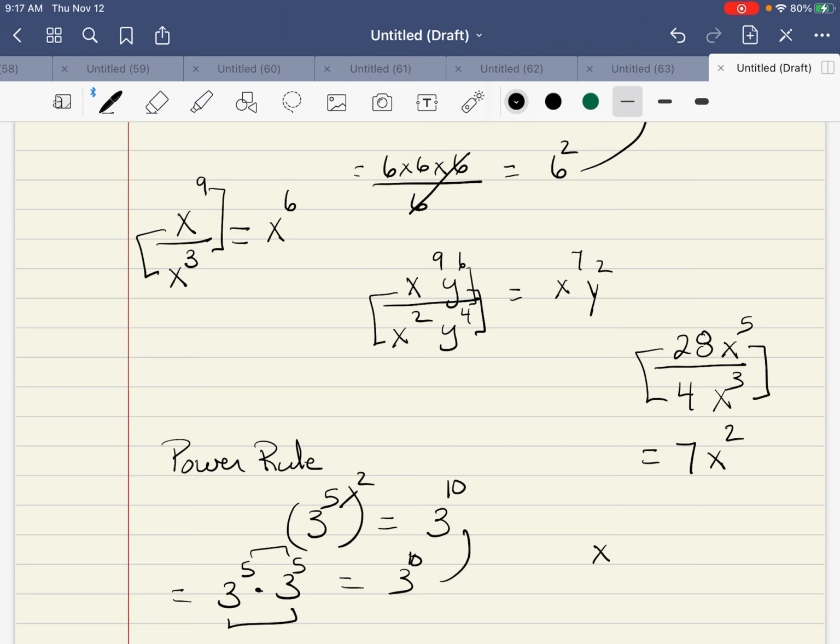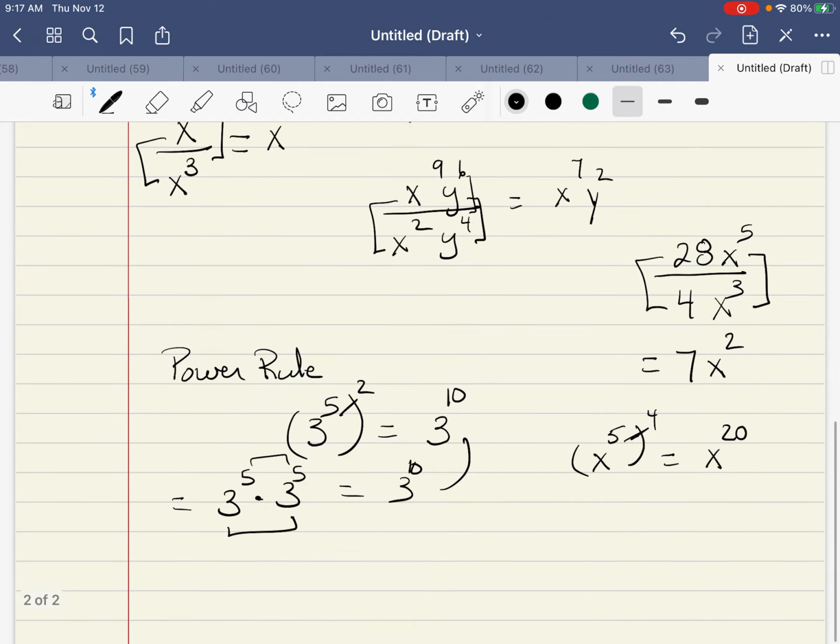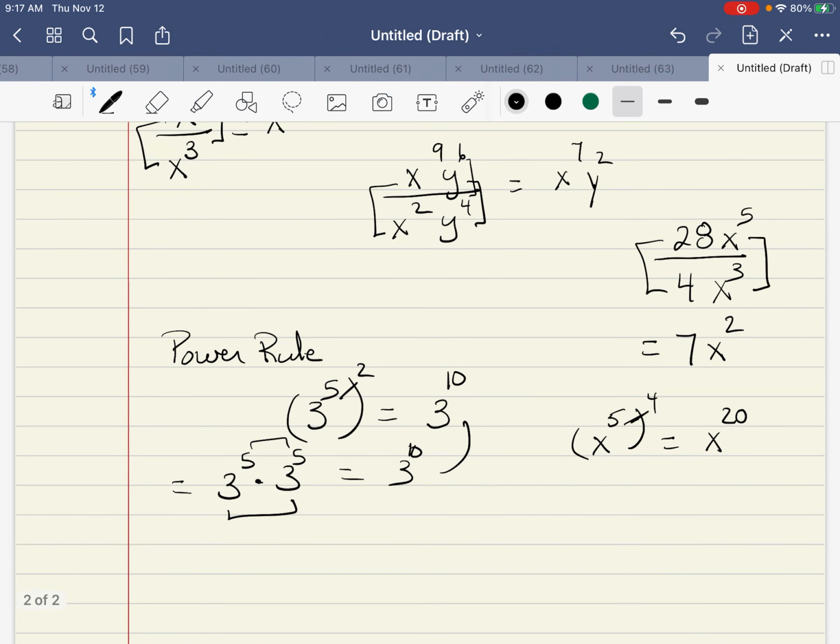So again, if you don't know the value of the base, same idea. You got exponent, exponent. You're going to keep that base x and go 5 times 4 is 20. Now, where you want to be careful is when you have multiple parts to your term. So here I got a coefficient 2, x to the 5, y to the 2, and I'm going to raise the whole thing to the 3.